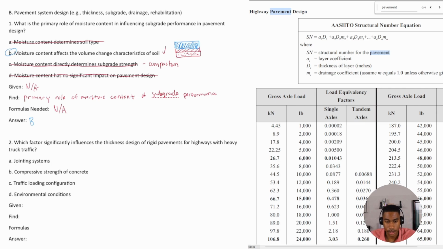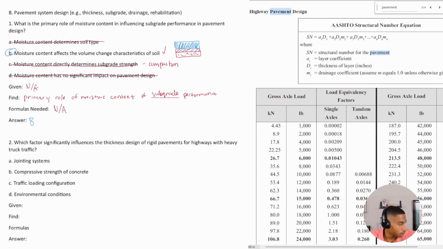I wanted to point out a few other things that are important when it comes to subgrade and how moisture content affects things. Moisture content affects the volume change characteristics of soil. High moisture can lead to swelling in expansive soils, and low moisture can result in soil shrinkage.